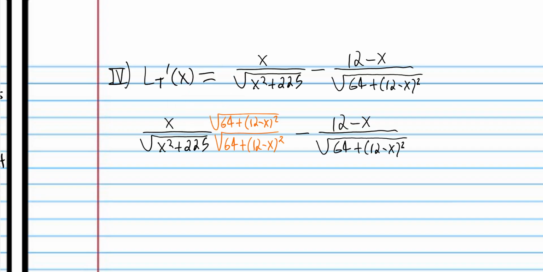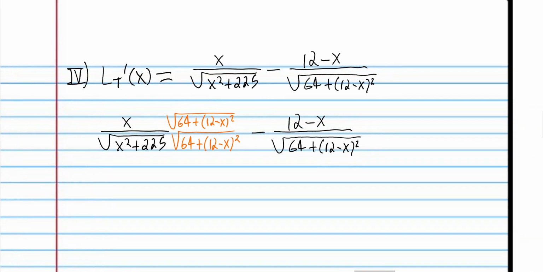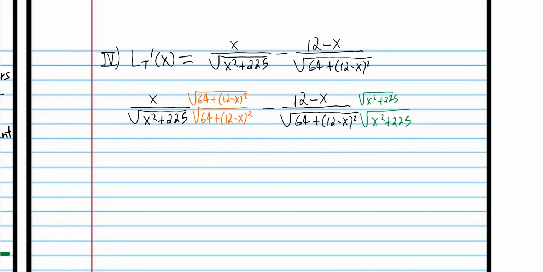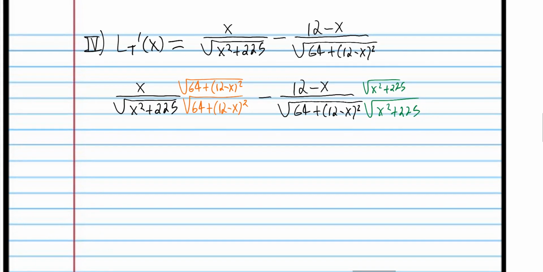And I'm going to multiply both sides of this fraction by square root x squared plus 225. Because I have the square root, I don't really need parentheses. You don't have to show this. You don't have to show the green and the orange. You can just do it.